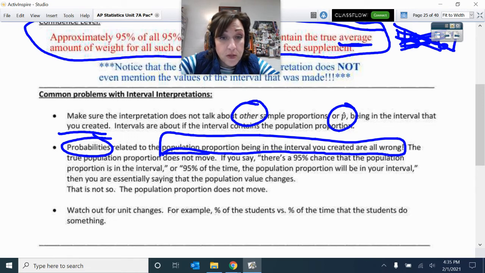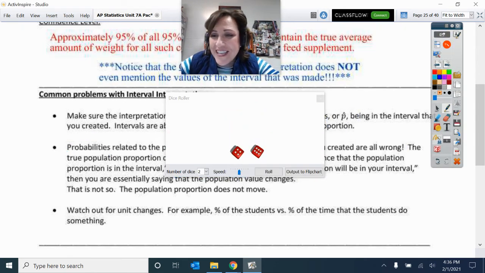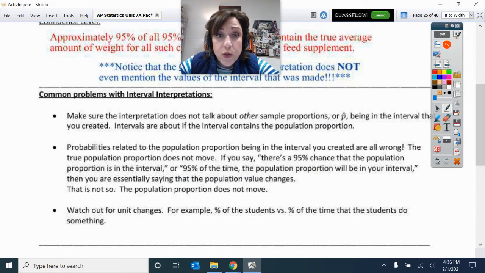If you talk about the probability that the population amount is in a location, or I get this too, 95% of the time the population amount is in your interval. No, that says sometimes it's in your interval and sometimes it's not in your interval. So it's changing location. The true population amount doesn't change locations.